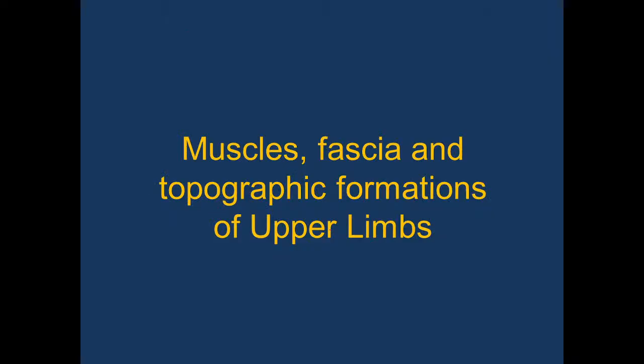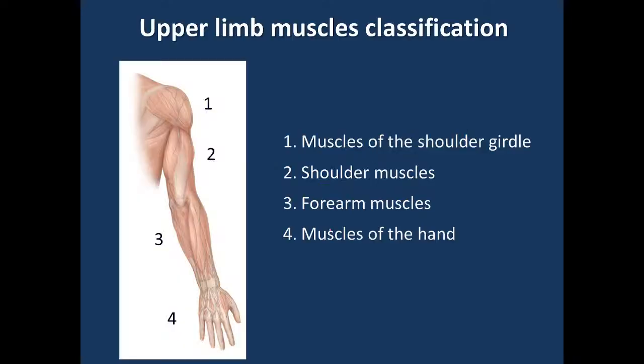Well, and now it's time to talk about muscle, fascia, and topographic formation of upper limb. As you see, we always start from classification, and you have to know classification of muscles. The upper limb has 4 groups of muscles.